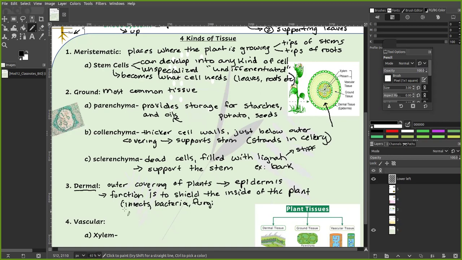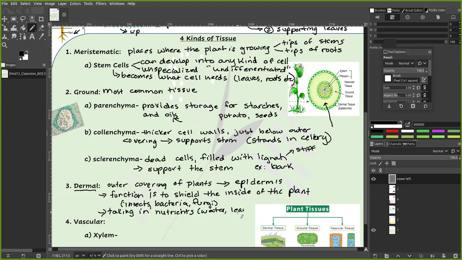It also is responsible for taking in nutrients. So like water in the roots and stoma in the leaves.